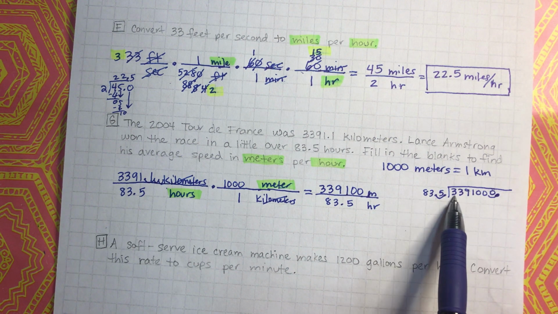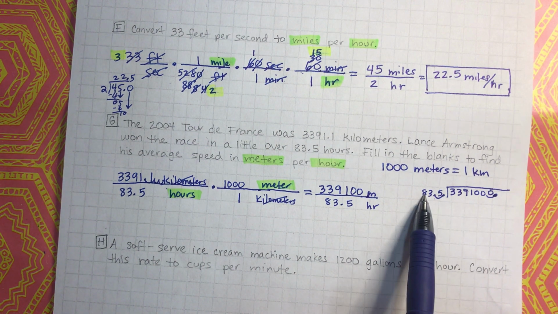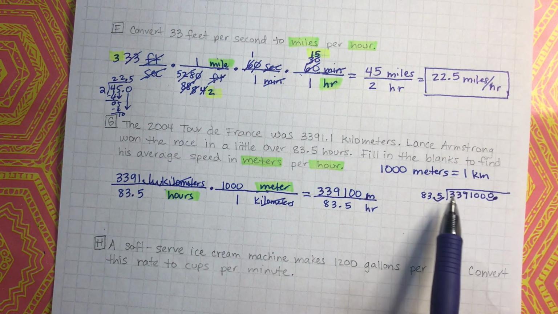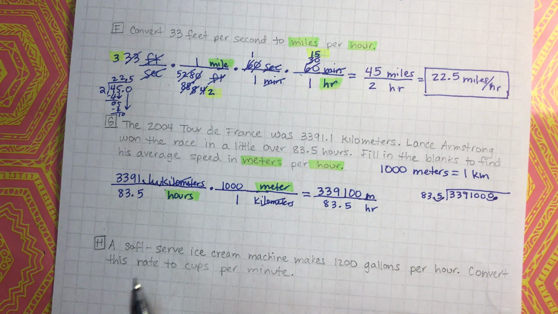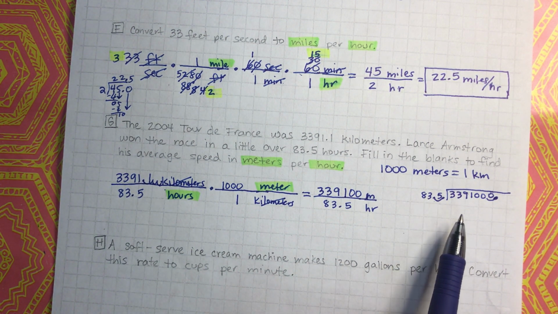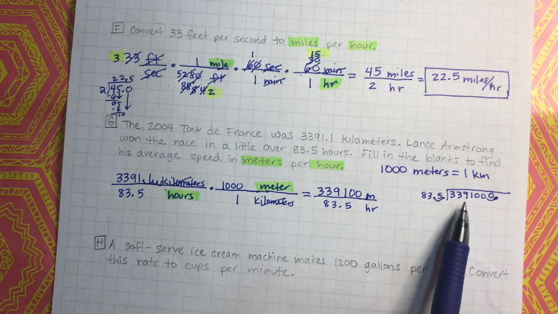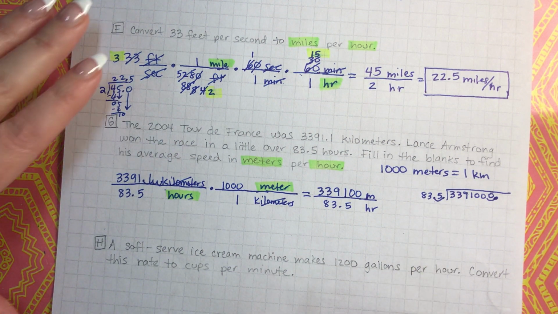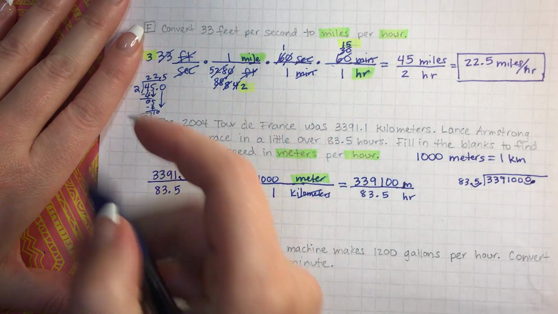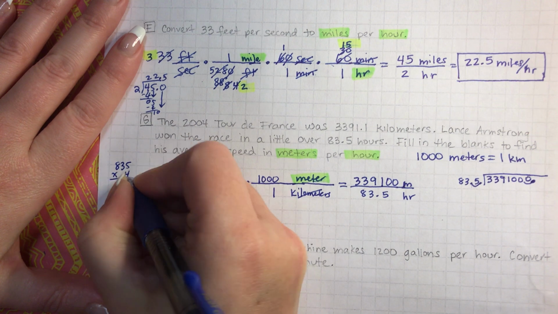Does it go into 3,391? Yes, it does. How many times? So sometimes with something like this, I like to just think about 8, and I like to just think about 33. So 8 goes into 33 4 times. So there's a possibility that this might just go 4 times, but I'm not exactly sure. So I'm going to go over here and figure out what 835 times 4 is.